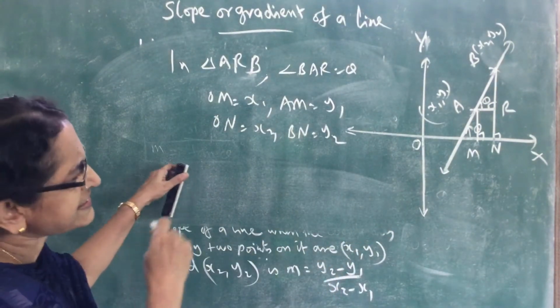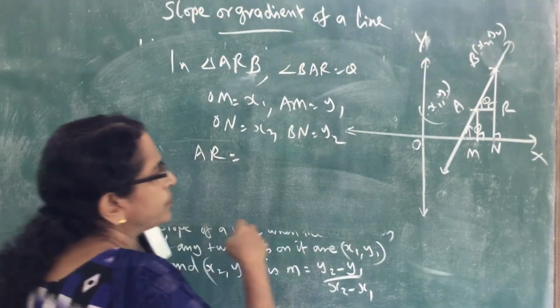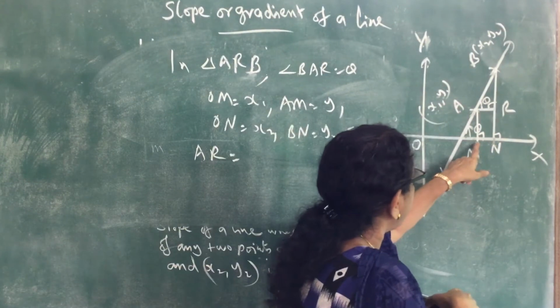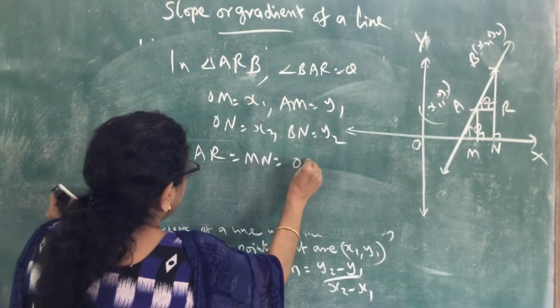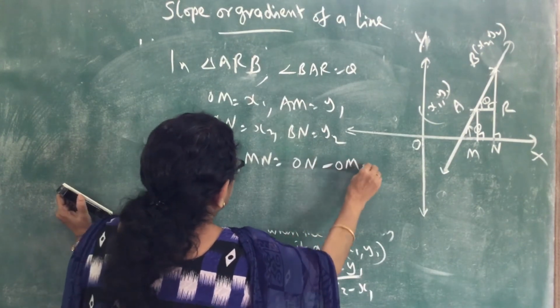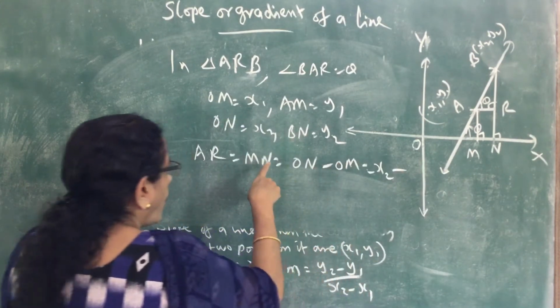Therefore, what is AR? We want to find AR. This AR is the same as MN, that is equal to ON minus OM.